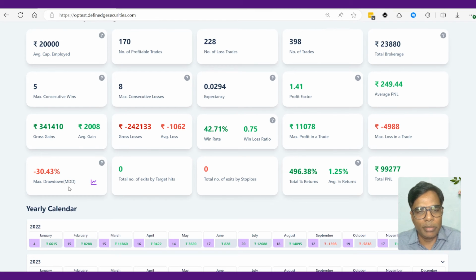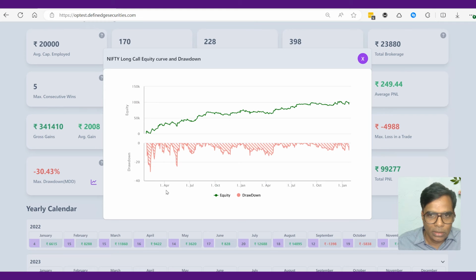That is 30%. Now if you open this, this happened at the beginning, somewhere here. We had a profit of around 6,000 or something like that, or maybe even 9,000, and then it came down to almost 1,000.